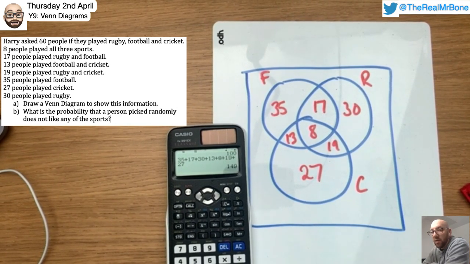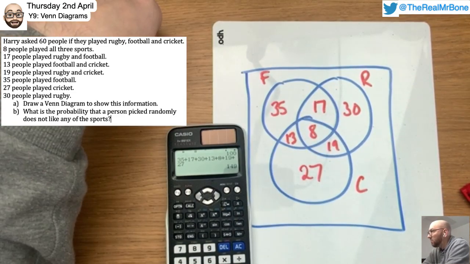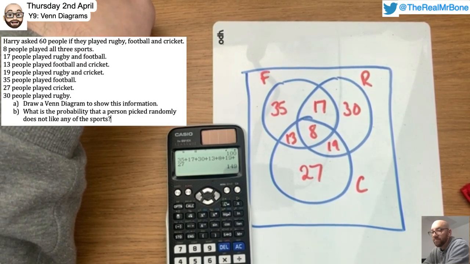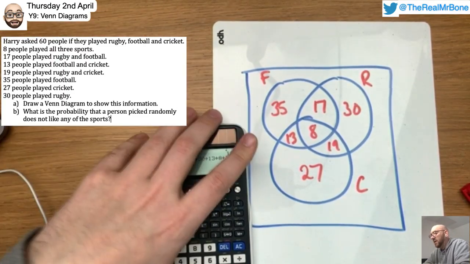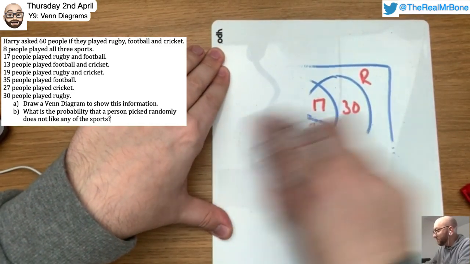So the reason we've gone wrong is because 35 people play football altogether, and clearly our football circle does not add up to 35. We just put 35 in the only-football section. So we need to do quite a lot of subtracting as we go along doing this question.